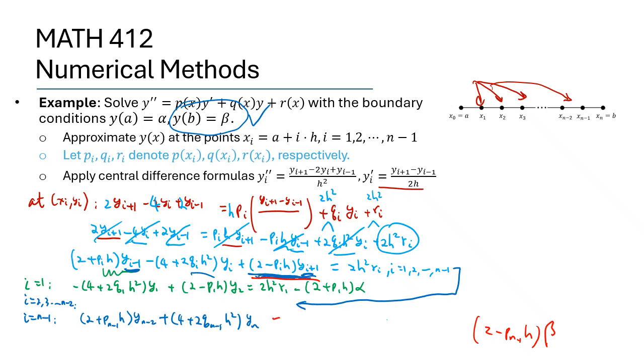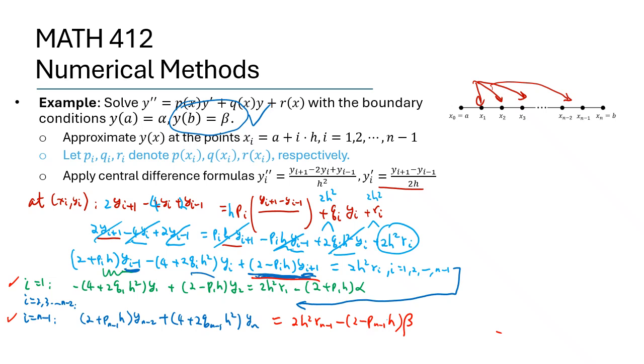So therefore it's 2h squared r_{m-1} minus (2 minus p_{m-1} h) beta. Yes, we have this term. So at the last point here, in our case, we apply the boundary value conditions.